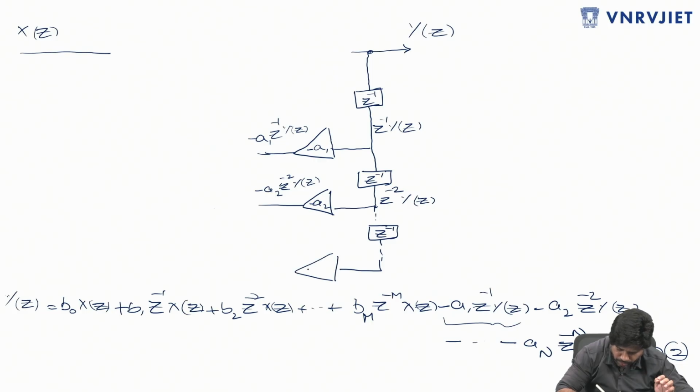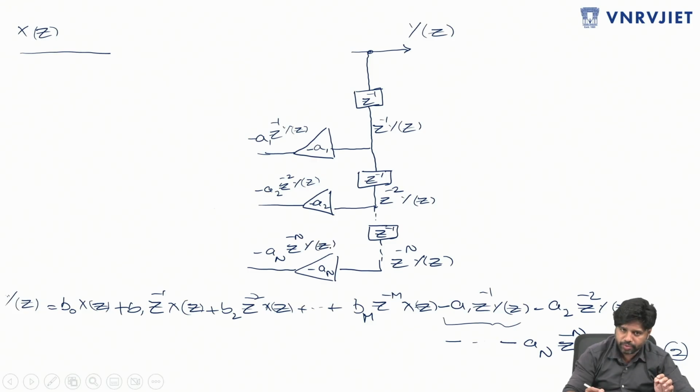So here you can write minus an, and here z power minus 2, minus 3 and so on. So here you will get z power minus n y of z, and you know here the output will be minus an z power minus n y of z.